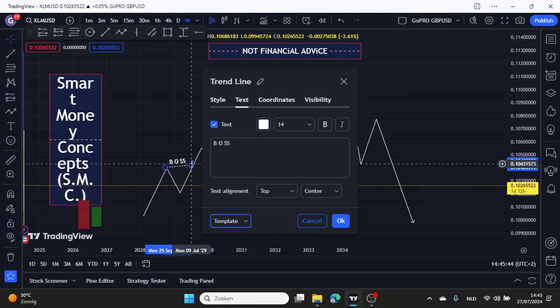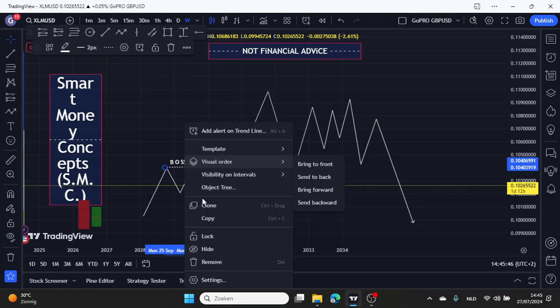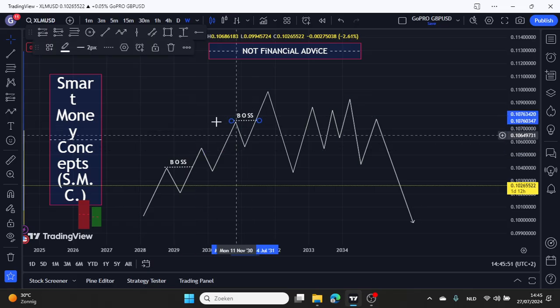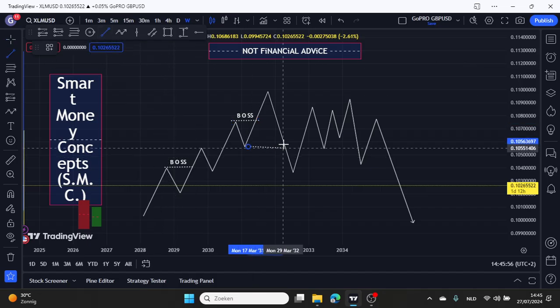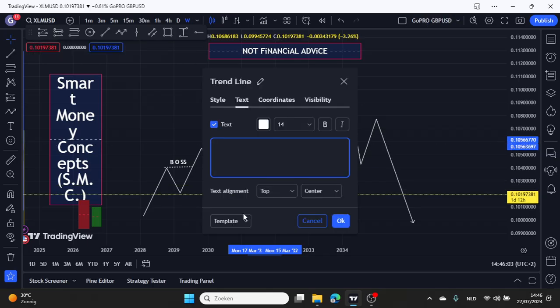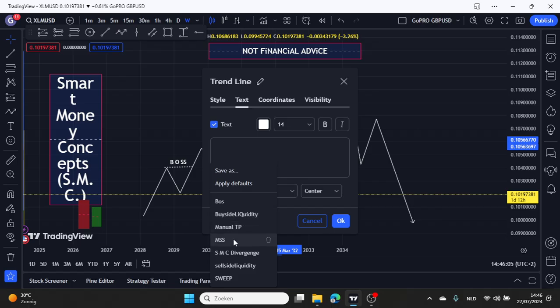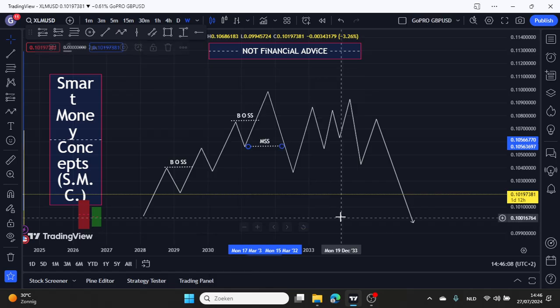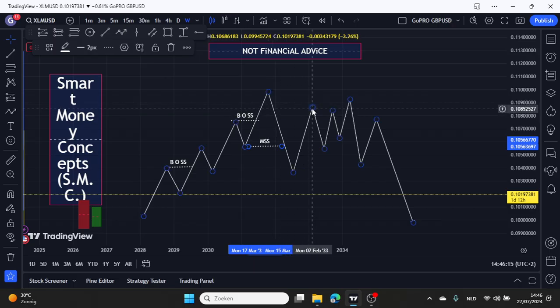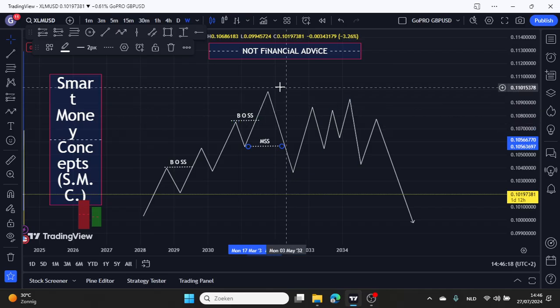So we have a breakup structure here, here, here, and then we get a market structure shift because the latest higher low has been broken. And with this market structure shift, you can see clearly now that here we don't have a new breakup structure.